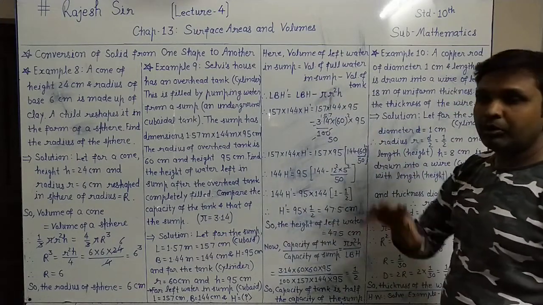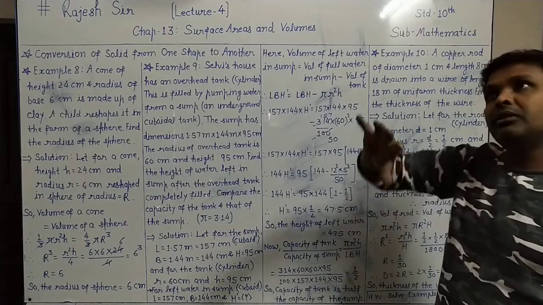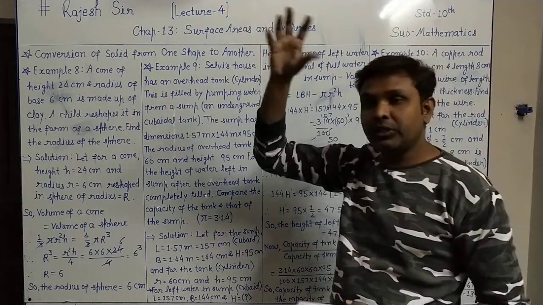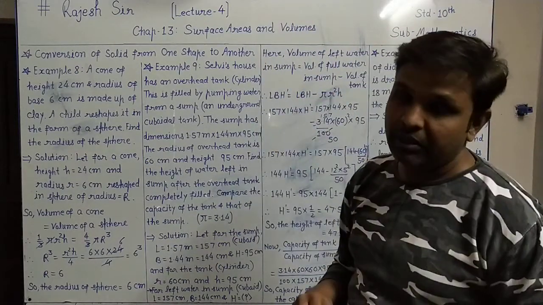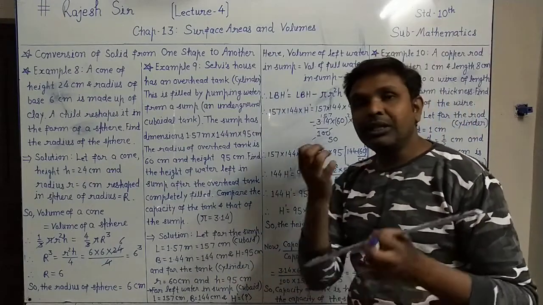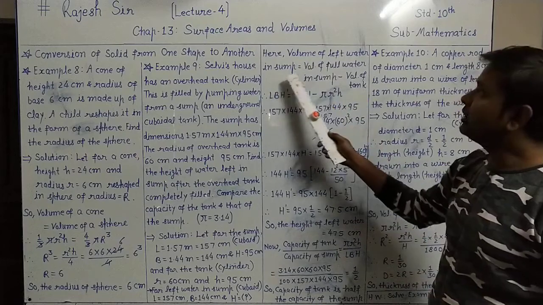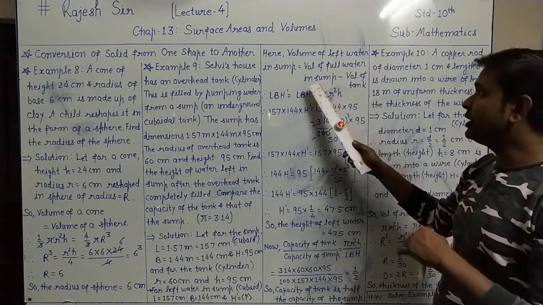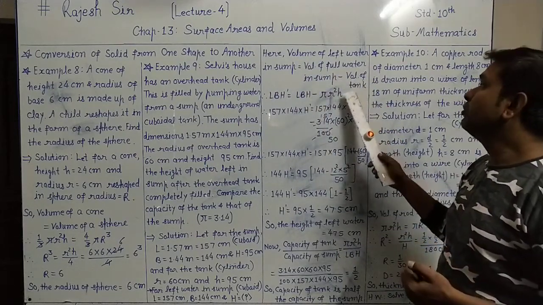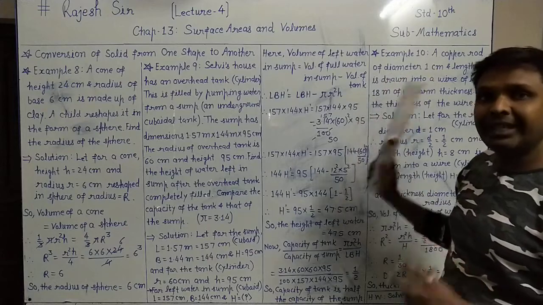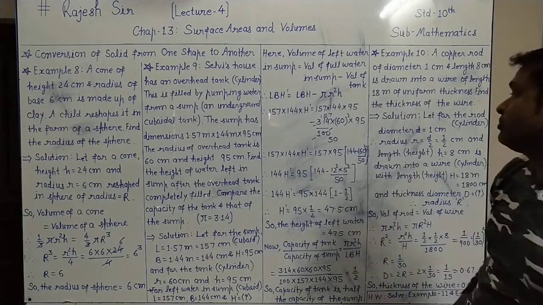From the total volume of the sump, if we subtract the volume of the overhead tank filled with the sump water, we get the left water's volume.